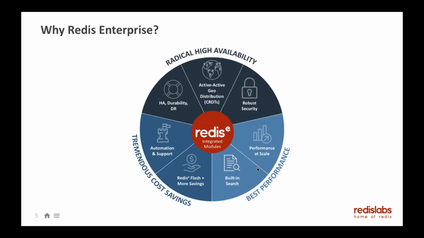All right, so let me quickly cover what Redis Enterprise provides on top of Redis open source. We provide great high availability capabilities with Redis Enterprise. So we'll talk about the architecture, and it's got built-in high availability, durability, and DR capabilities into our cluster.